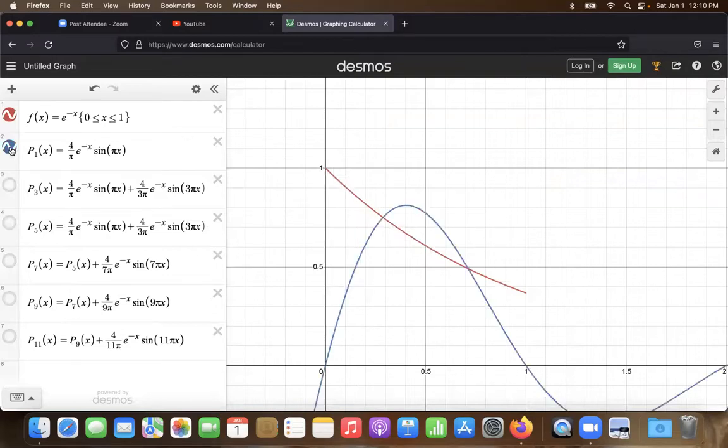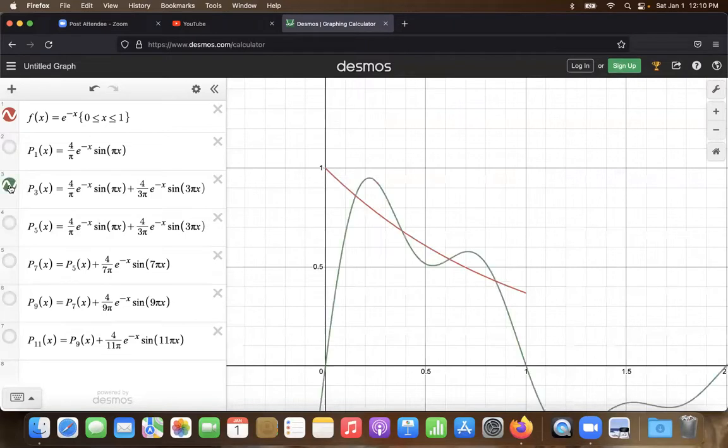Here's our first one. If I'm just interested in the interval from 0 to 1, I think we can all see that this blue graph is not a very good approximation of this red function. But it's only the first partial sum, and we're supposed to take a combination of them. So let's look at the second partial sum, the sum of the first 2 terms. Now we're seeing something a little bit closer to our red graph.